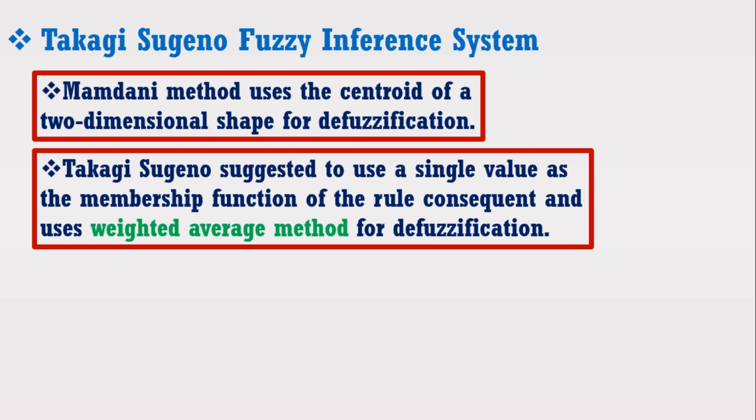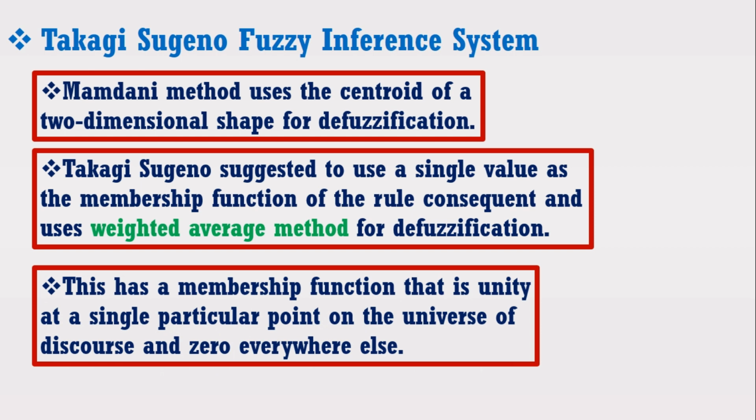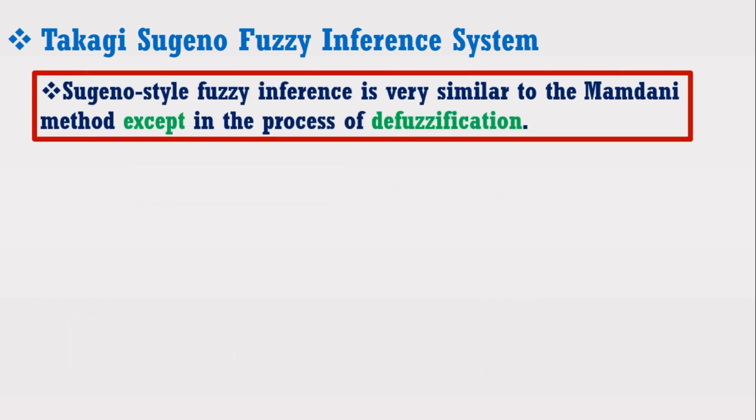This has a membership function that is unity at a single particular point on the universe of discourse and zero everywhere else. Friends, it may be noted that the Sugeno fuzzy inference system is very similar to the Mamdani method except in the process of defuzzification. Therefore, let's apply the Takagi-Sugeno fuzzy inference system to the same previous example.